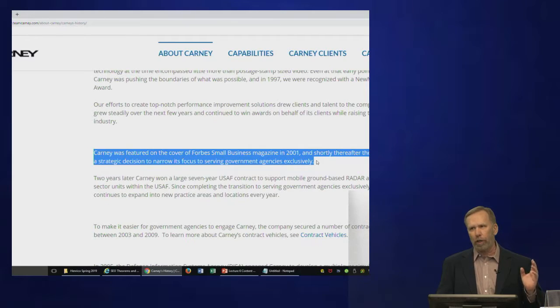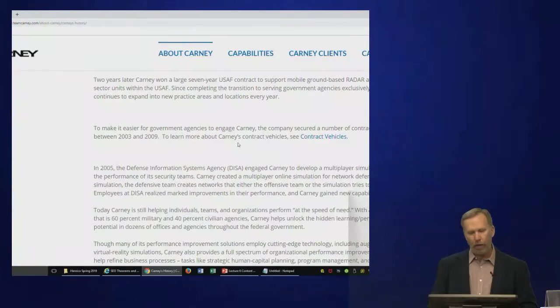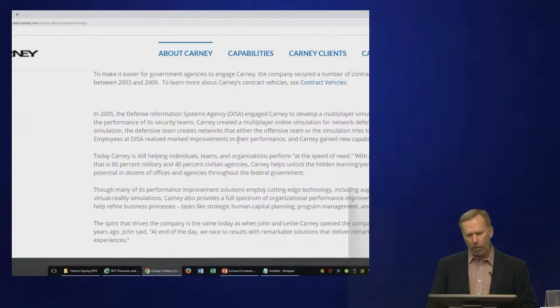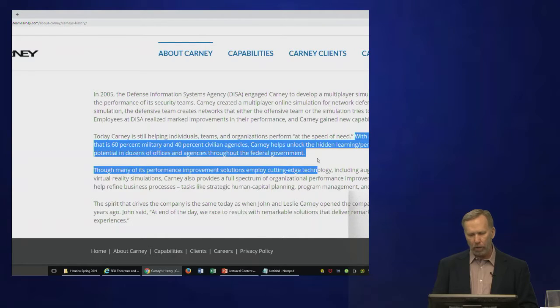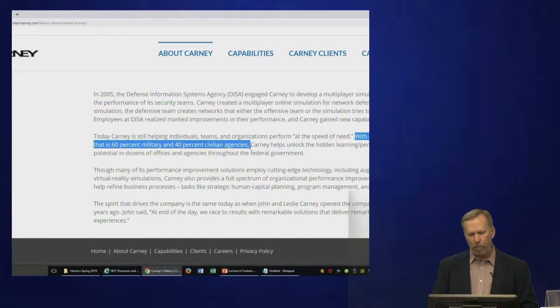Notice this wording here. They made a strategic decision to narrow their focus to serving government agencies exclusively. So this is on their About Us page. A little later down in the same page, it tells me that the company has a business base that is 60% military and 40% civilian agencies.